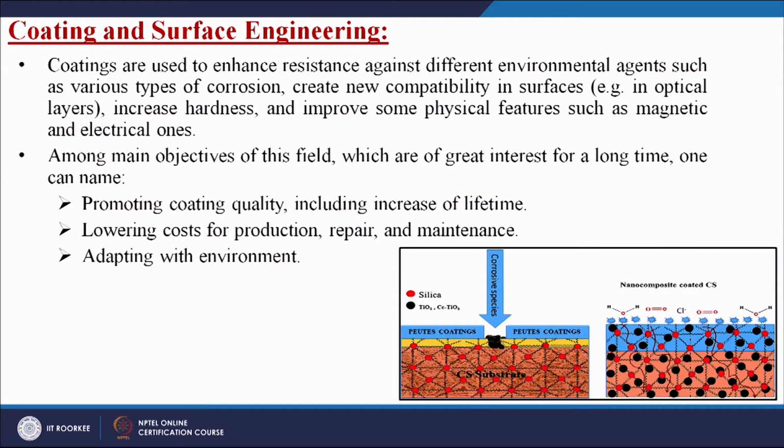Here are some examples of coatings. In that case you can see that the red one is the silica molecules and the black one is the titanium oxide. Simply, we are doing some kind of coating. Initially we have the substrate, then on that mesh some cracking has occurred, by which corrosion is taking place.